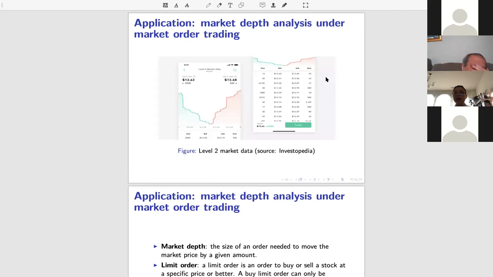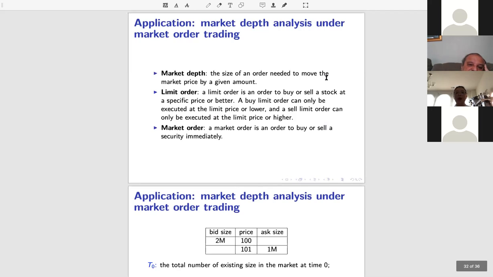So if the buying price is lower than or exactly equal to the target price, the order will be executed. As opposed to a market order, which is an order to buy or sell a security immediately. A market order is guaranteed to be executed, but the execution price is not guaranteed. The price is typically around the current market price, but not guaranteed.